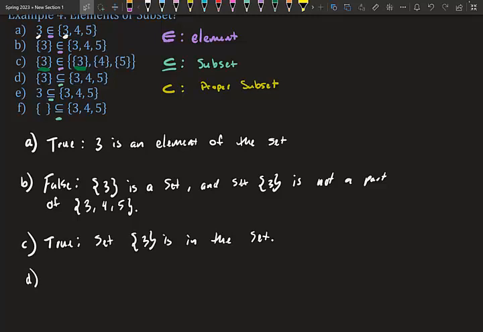Now we have D. So D is asking, is set 3 a subset of set 3, 4, 5? So what it's asking is, is every member in the set to the left in the set on the right? Let's see. So do we have this member in here? Yes, we do.